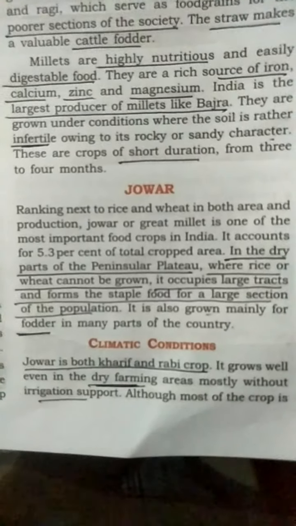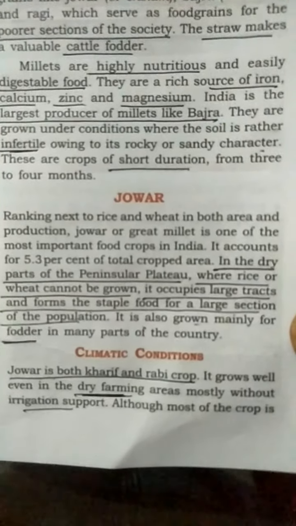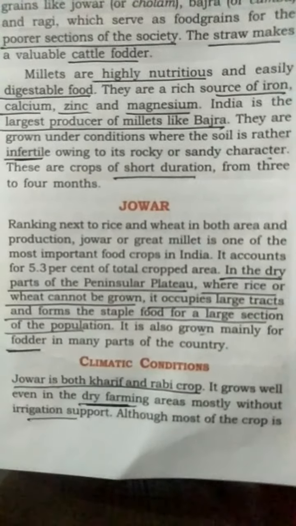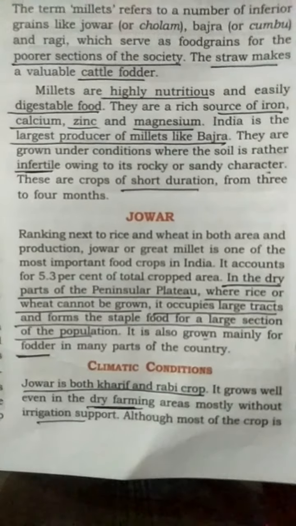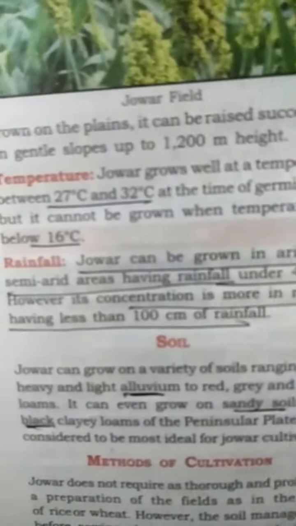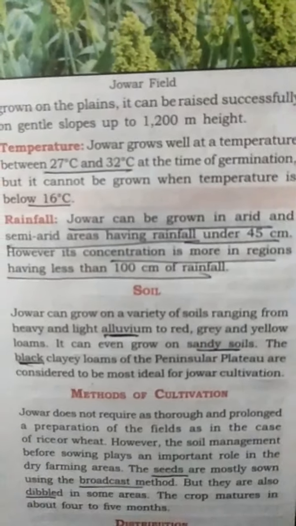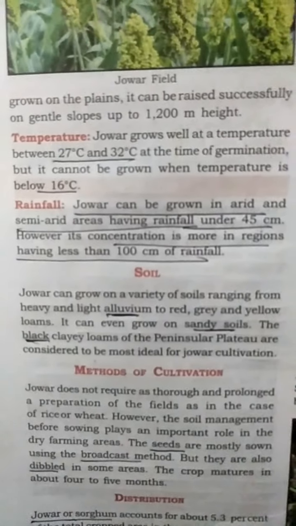Climatic conditions: jowar is both kharif and rabi crop, grows well even in the dry farming areas, mostly without irrigation support. Temperature requirement 27 to 32 degrees Celsius, and temperature should not be below 16 degrees Celsius.